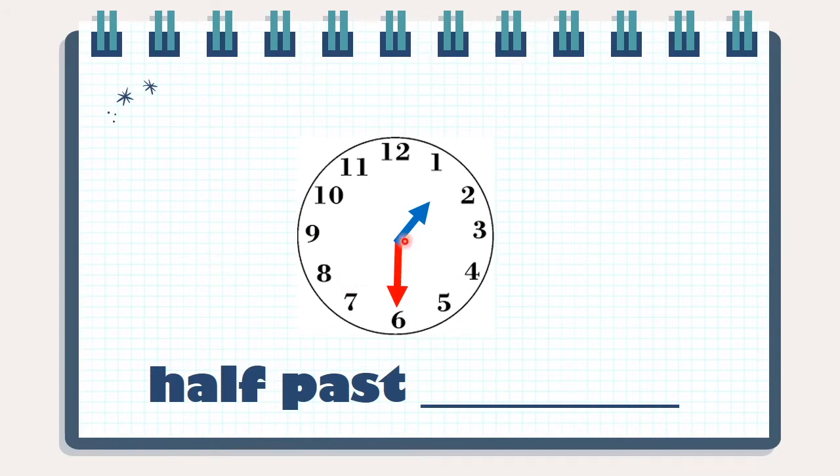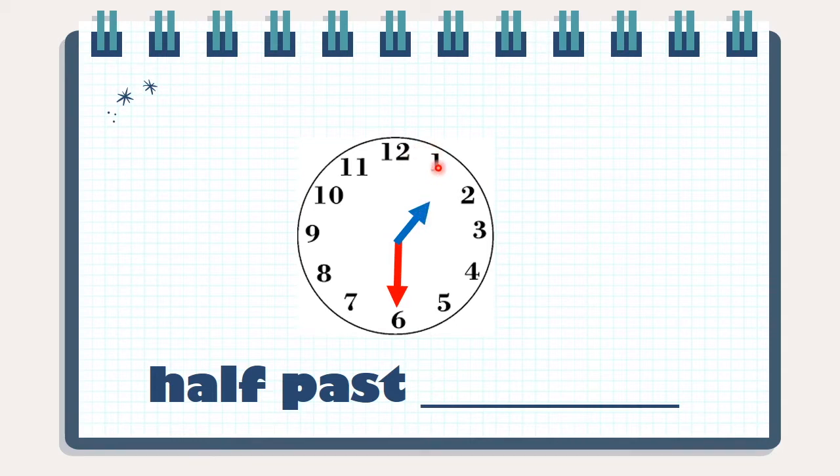Alright, now we can see that the long hand is pointing to number 6. Just now, the long hand pointed to number 12, but now it's at number 6. If the long hand is at number 6, we call it half past. Half past. So what should we fill in the blank?